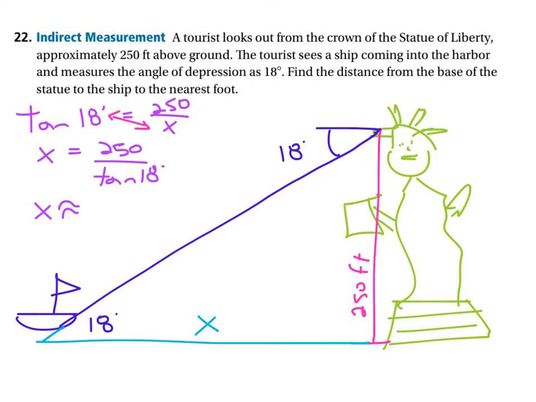It's glitching out. Approximately equal to 769 point, oh, and they say to the nearest foot, so it says 0.4, that doesn't round up. That drops off without changing the 9. So 769, and what was the units? The units was feet. And so that becomes our answer.